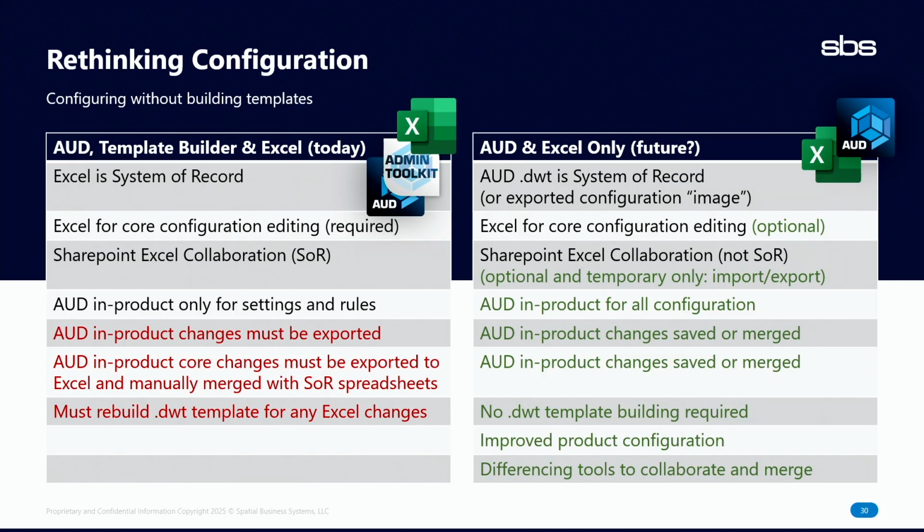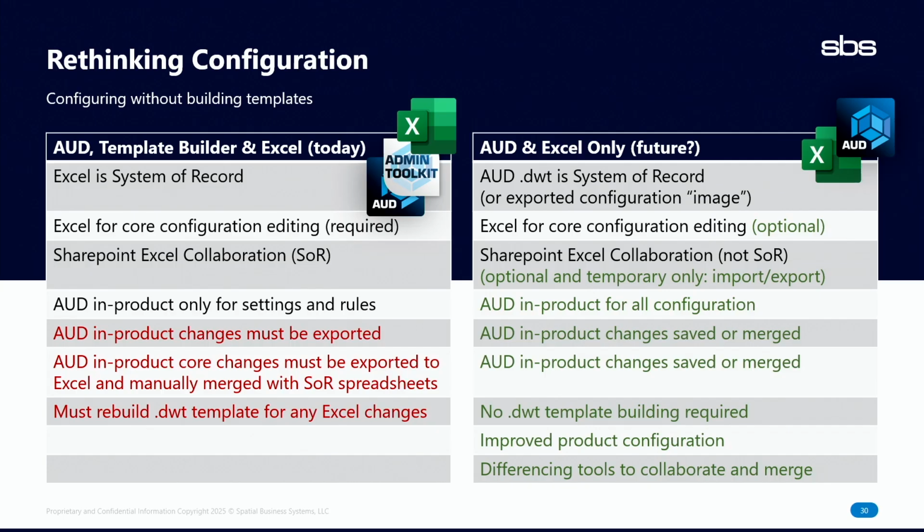One strategy here is to use the product itself as the main focus of configuration. For that to be viable compared to a template builder workflow, you are going to need the ability to work in Excel.